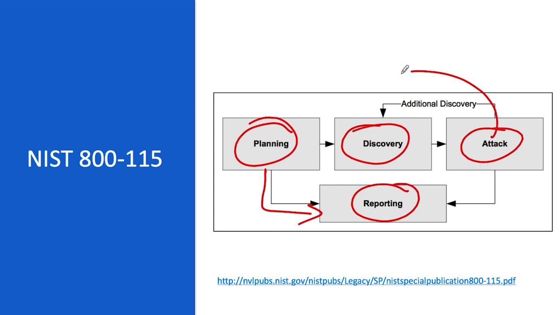You can also see a feedback loop between the discovery phase and the attack phase. This is because depending on the things that you compromise or exploit during the penetration testing engagement, you may have to go back and gather more intelligence and information to carry out further attacks.